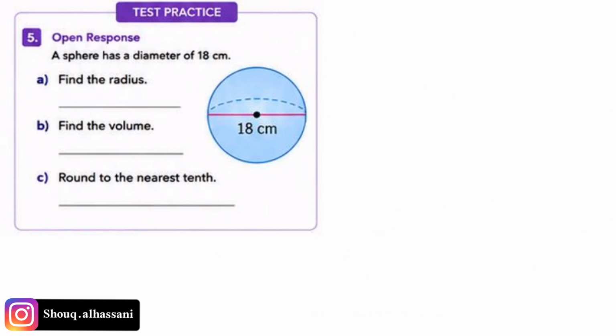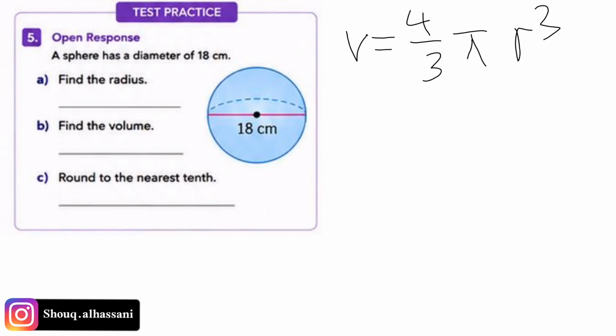And now we have the volume of a sphere. So the volume of a sphere, V equals 4 over 3 pi R cube. So now we have the diameter.